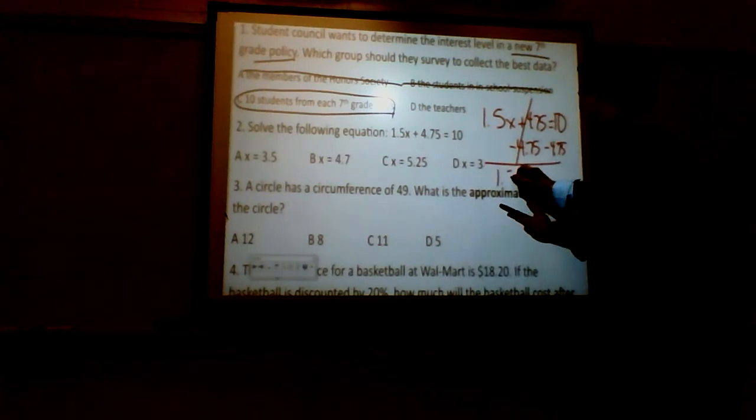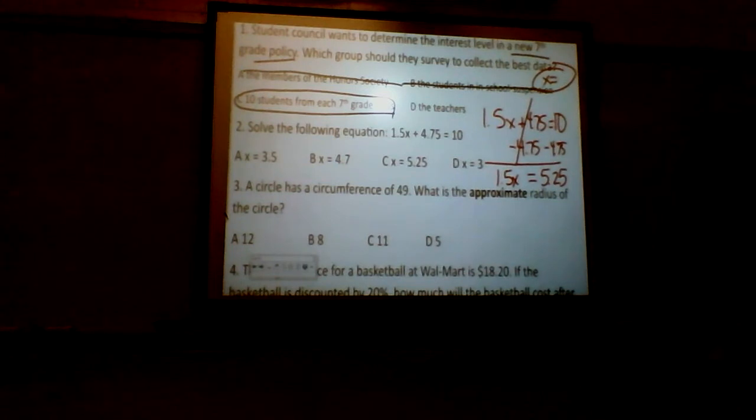Don't let the decimals scare you. This is no different than yesterday when we had whole numbers. Using your calculator, you'll do 10 minus 4.75, and you'll find that 1.5 times x is the same as 5.25. Again, our job is to isolate or get the variable x by itself. We're not there yet.